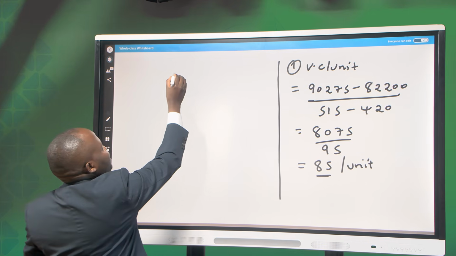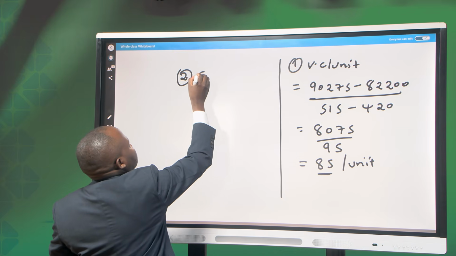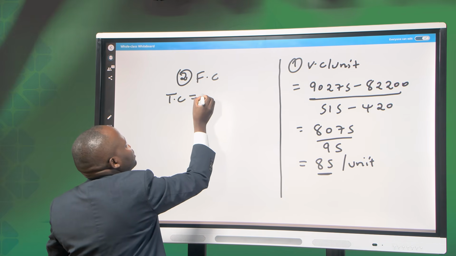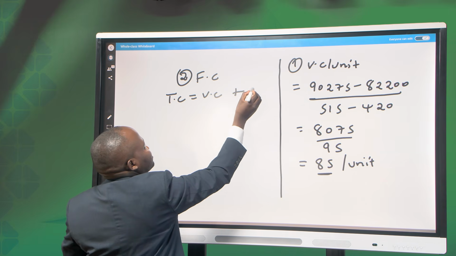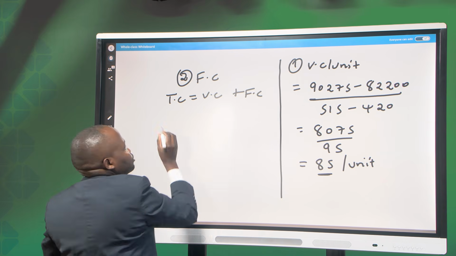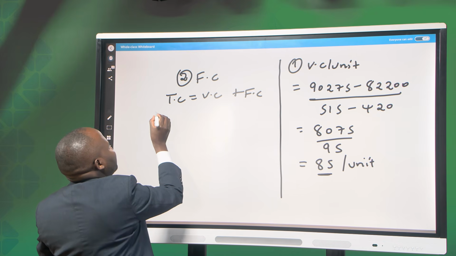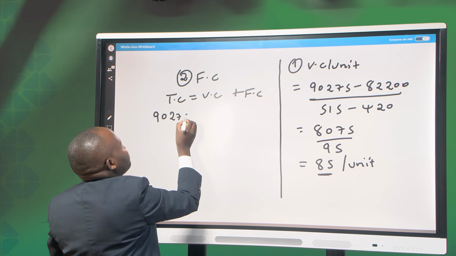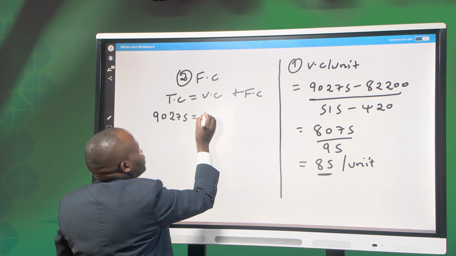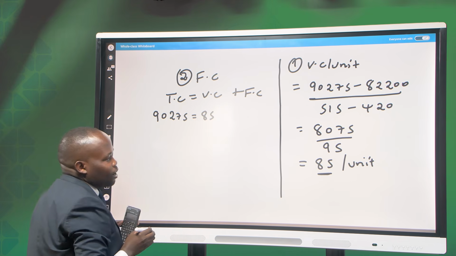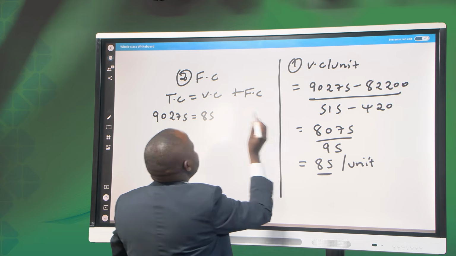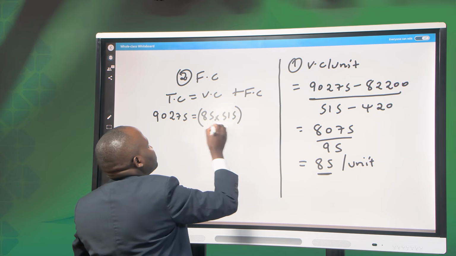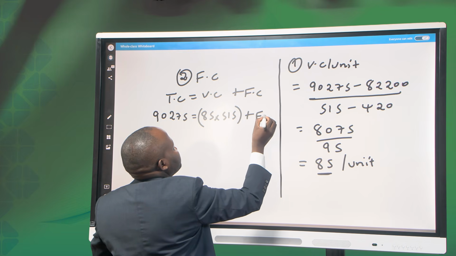Number 2, we need to get the fixed cost. And remember we said total cost is equals to variable cost plus fixed cost. So if we use the values we have there, we have 90,275 is equals to 85, our variable cost per unit, times 515 plus fixed cost.